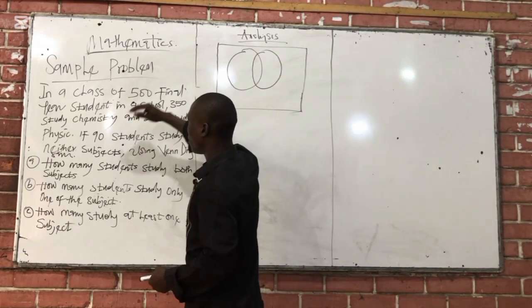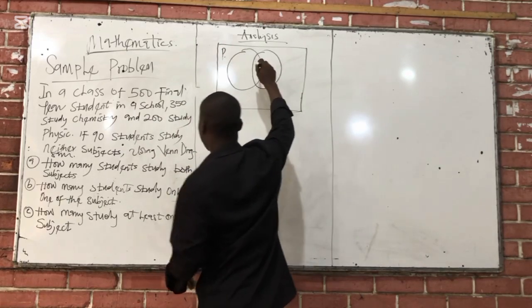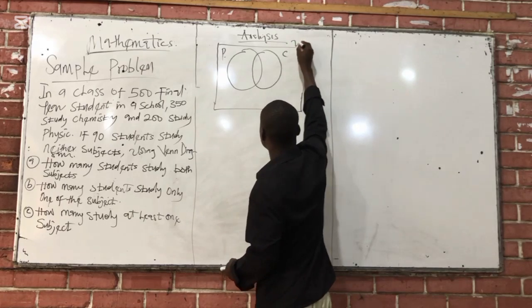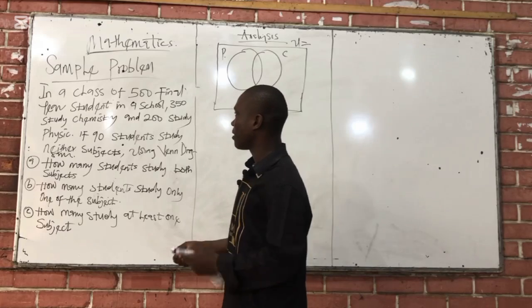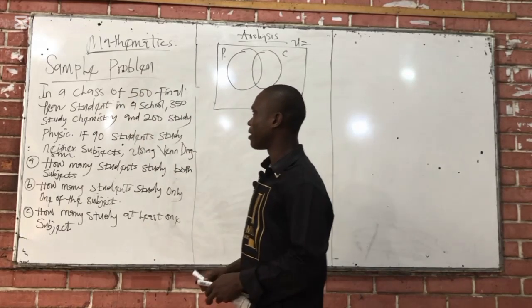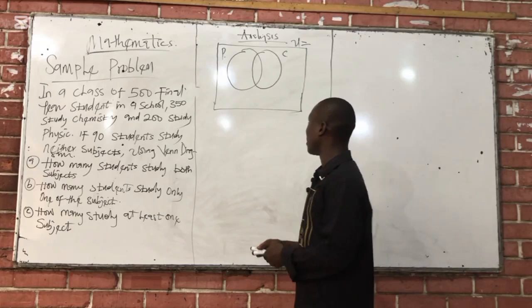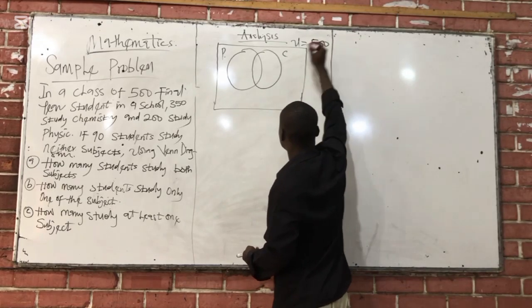So let's call the first set physics, P, and let's call the second set chemistry, and there becomes our universal set. So now from the problem, they said in a class of 500 final year students, that means the universal set, the total number of persons in the class is 500. So the universal set is 500 students.